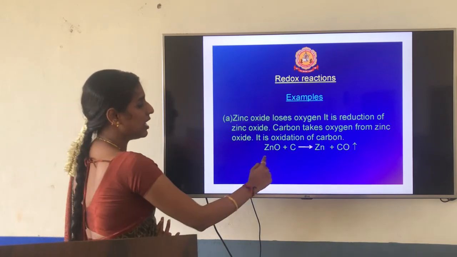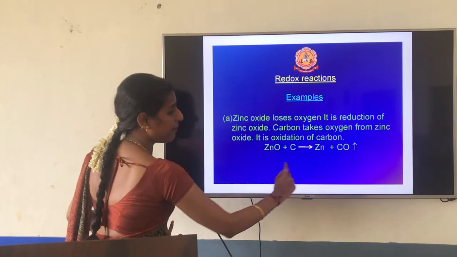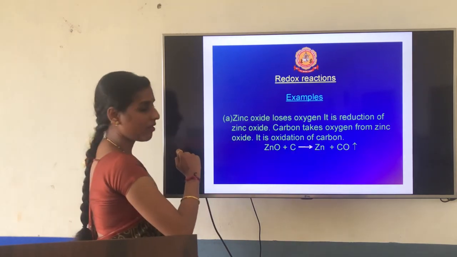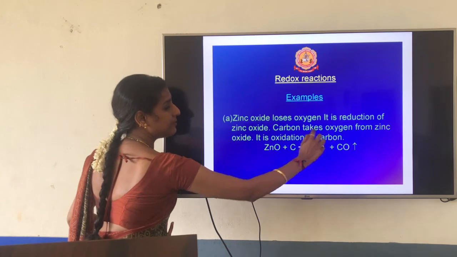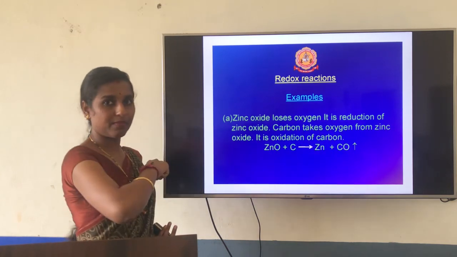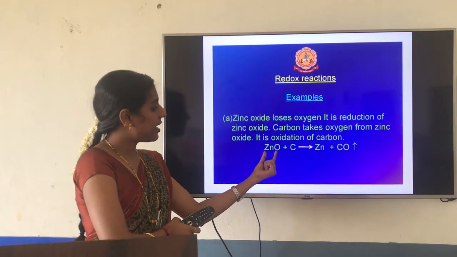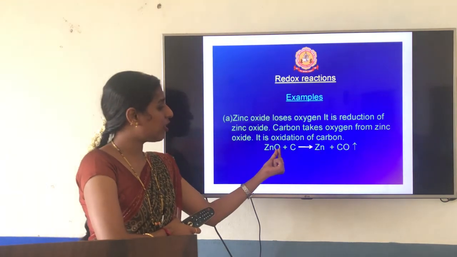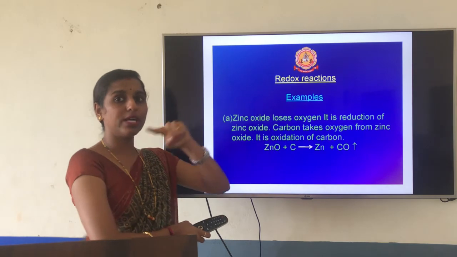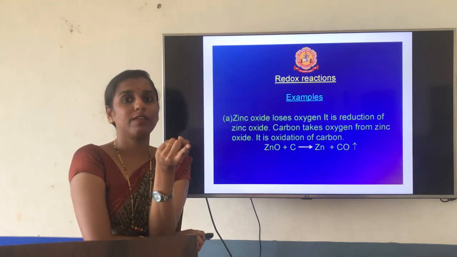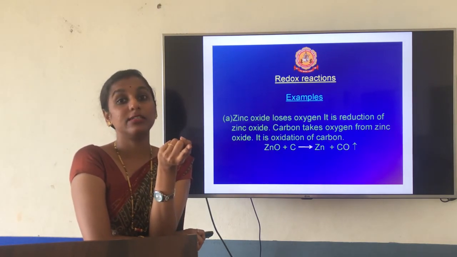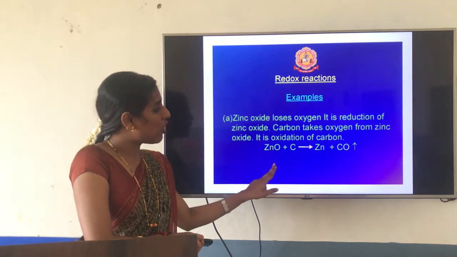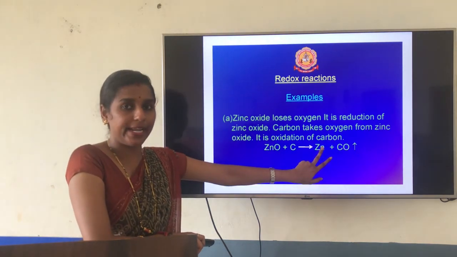Zinc oxide becomes zinc, so that is nothing but reduction. So zinc oxide to zinc, reduction has taken place.